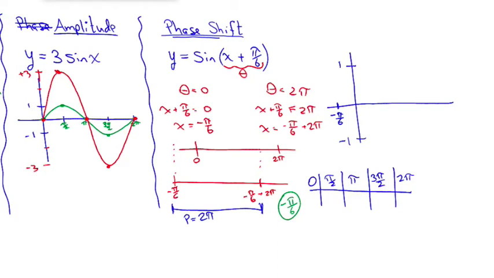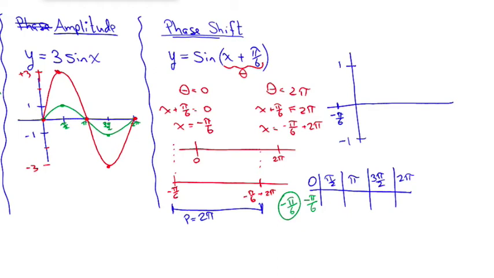So 0 minus pi over 6, of course, is negative pi over 6. That gives you your first one. What's pi over 2 minus pi over 6? What's the common denominator? 6 would be easier. What do I have to multiply 2 by? 3. So it would be 3 pi over 6.